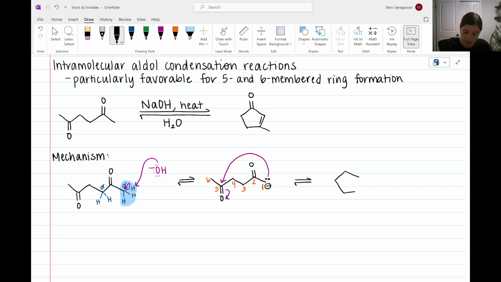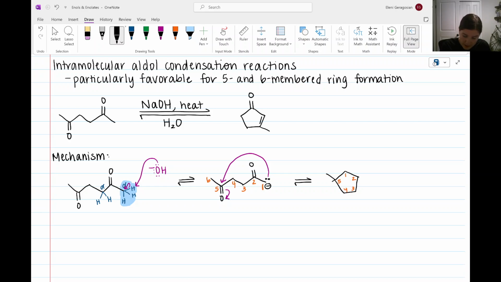So we'll draw a 5-carbon ring. I will number 1, 2, 3, 4, 5. And then let's trace where all of the other atoms are. Carbon 1 has a new bond to carbon 5, so we've shown that in the ring. Carbon 5 is bonded to a methyl group, and that's carbon 6.